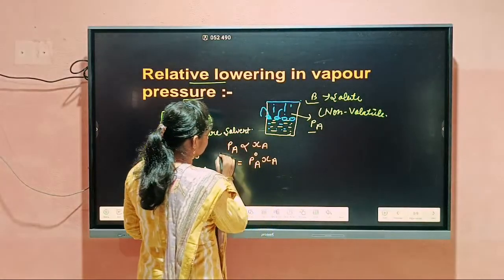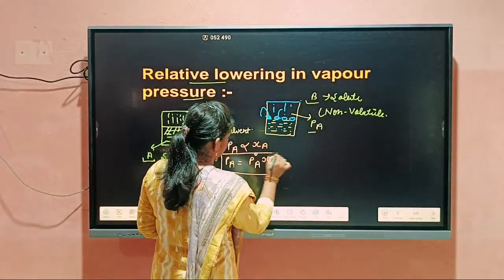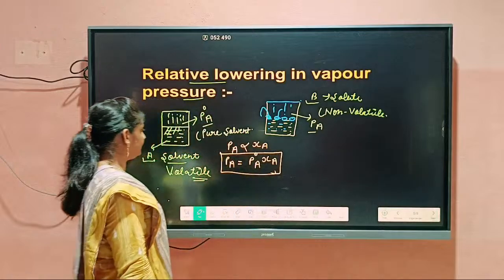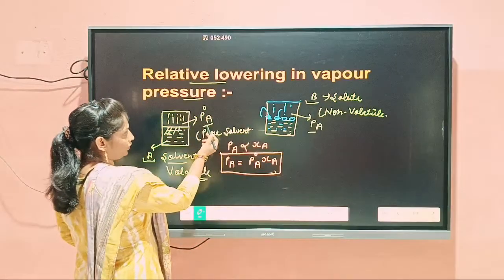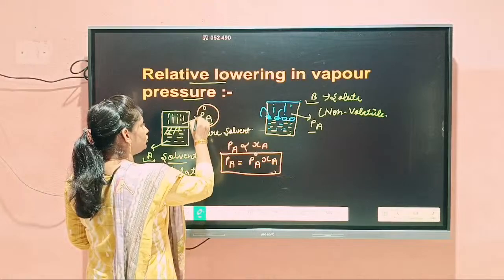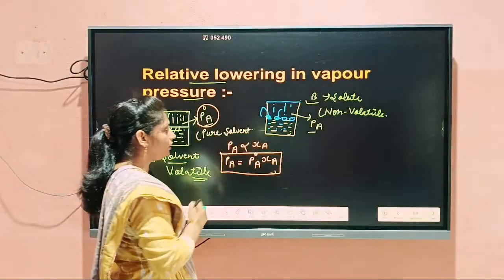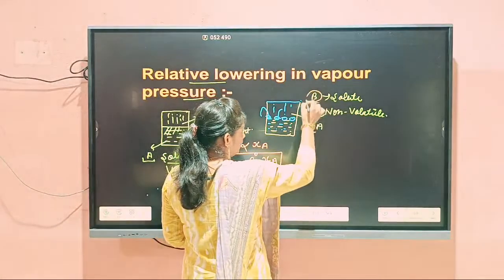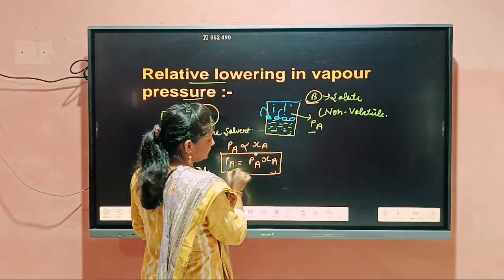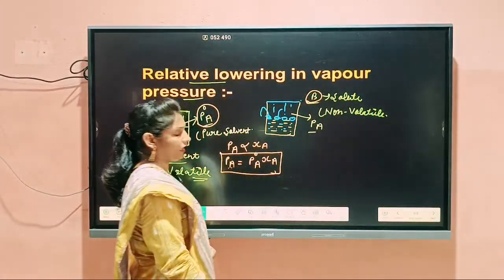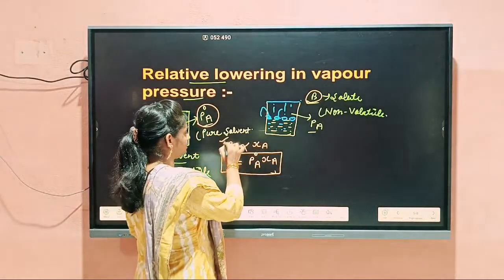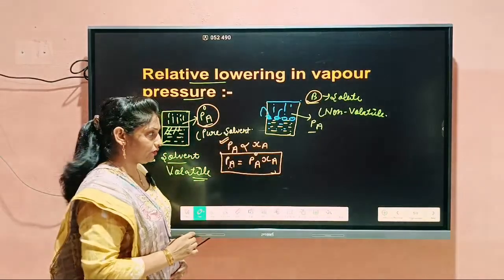So before adding the solute, the pressure of the pure solvent is P0 A, but after adding the solute, the pressure is PA equals P0 A XA. Here PA is the pressure after adding the solute.